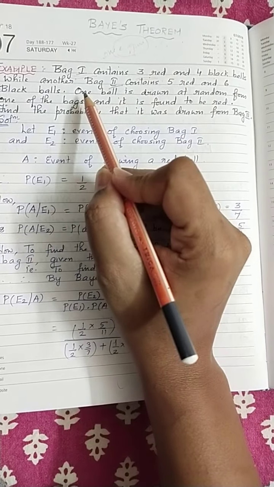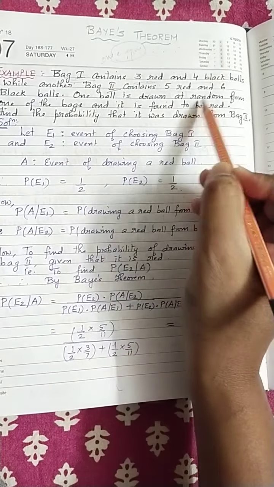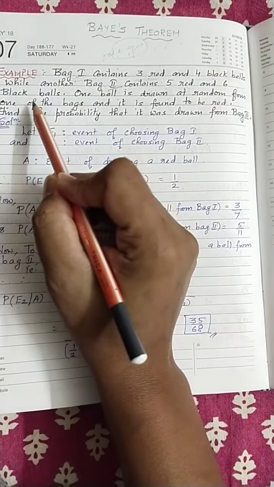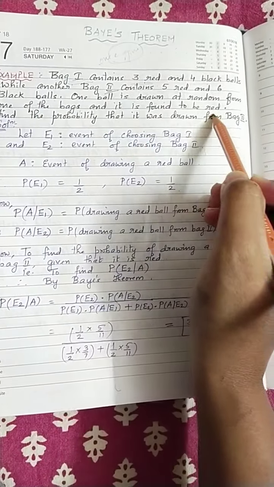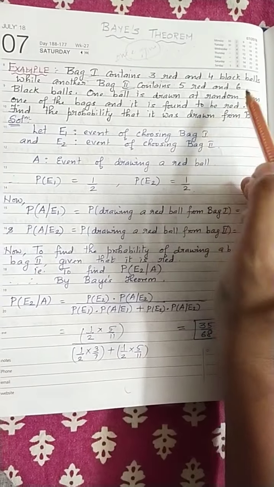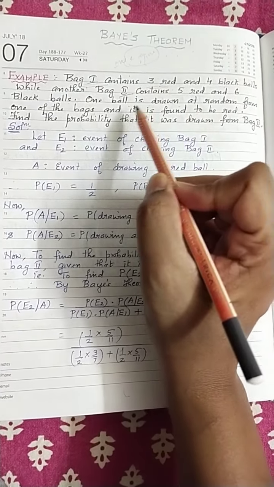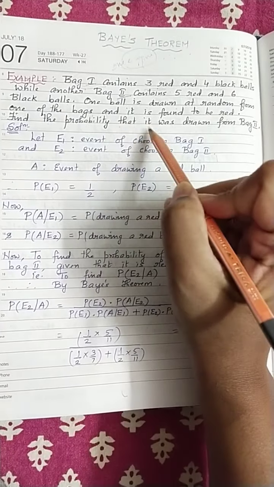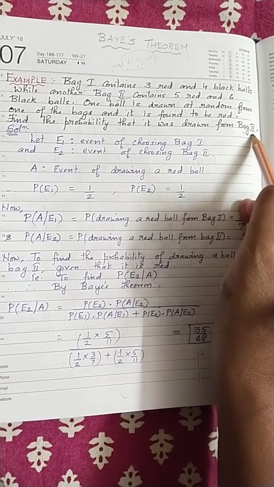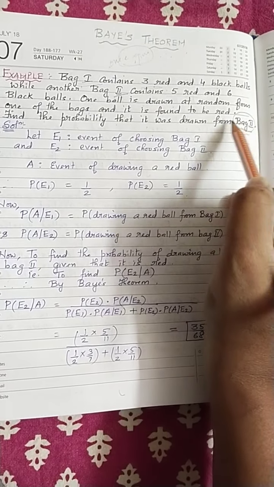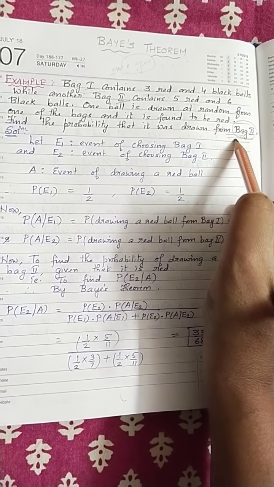Now one ball is drawn at random from one of the bags and it is found to be red. So this is the event which is happening. Now find the probability that it was drawn from bag 2. See, this is the reverse probability.